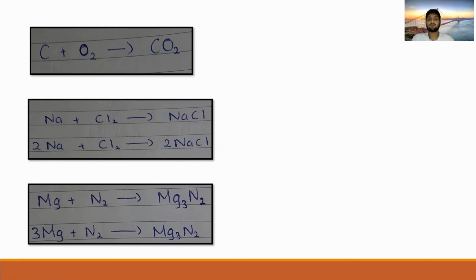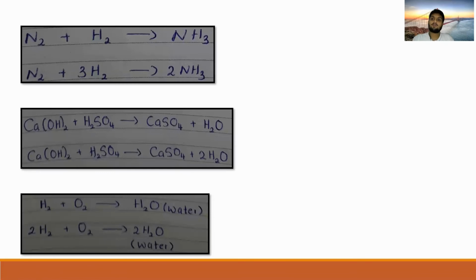If they don't match, try multiplying by various integers, and then you are able to achieve balancing an equation. So it's basically you're playing with numbers, seeing, thinking a bit, and then doing the balancing part correctly. Okay. So in the next example, we are reacting nitrogen with hydrogen.